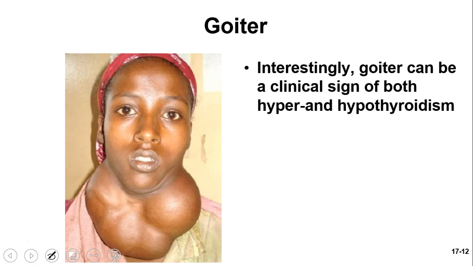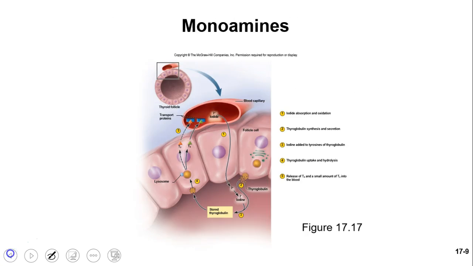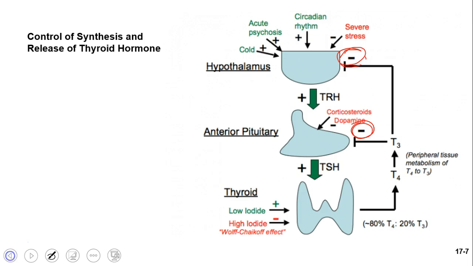Interestingly, goiter can be a clinical sign of both hyper and hypothyroidism. On a previous slide, we'll have to flip back a few. Let's go back to the regulation slide. If I flip back just these 2 slides, 3, okay, maybe 4, here it is.